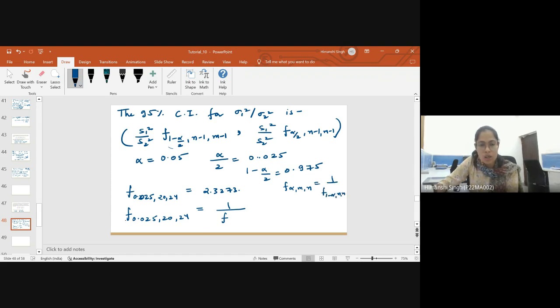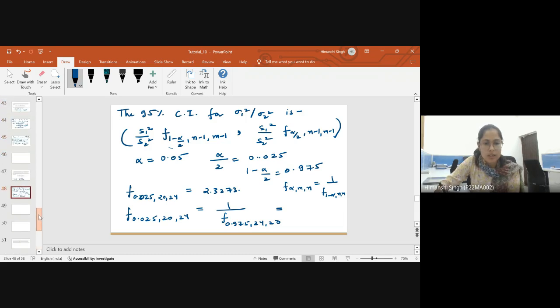So F of 0.025 with 20 comma 24 equals 1 upon F of 1 minus alpha, that is 0.975, with 24 and 20. The degrees get exchanged.